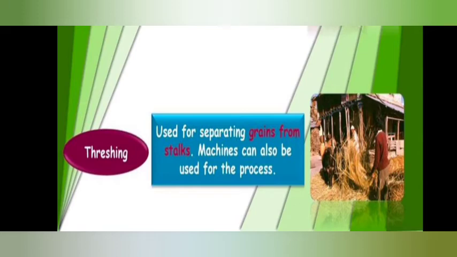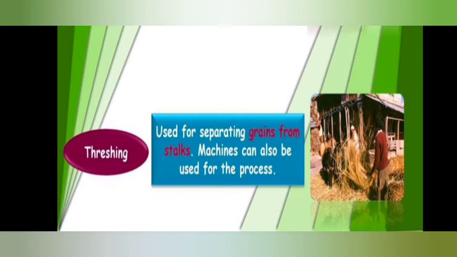It is used for separating grains from stalks. Machines can also be used for the process. Have you ever visited a wheat or a paddy field after the crop has been harvested? Harvesting, you know the meaning of harvesting, right? Harvesting is cutting the crop from the field, and the grains attached to their stalks are put together in bundles.